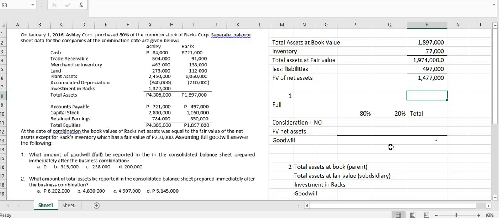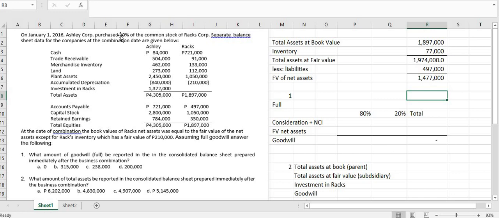To compute for the goodwill, since the fair value of the non-controlling interest is not given, we assume the fair value of the non-controlling interest by dividing the consideration transferred by the controlling interest rate, and then multiplying by the non-controlling interest rate. So the question is, how much is our consideration transferred?